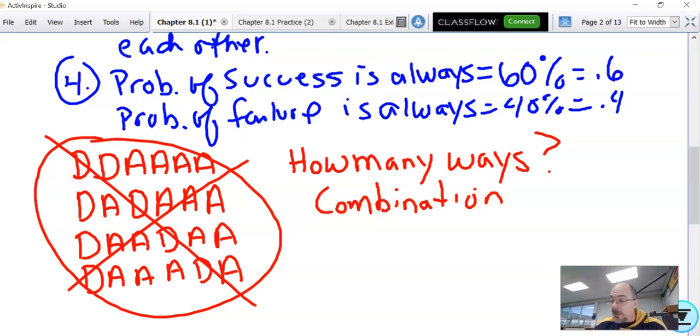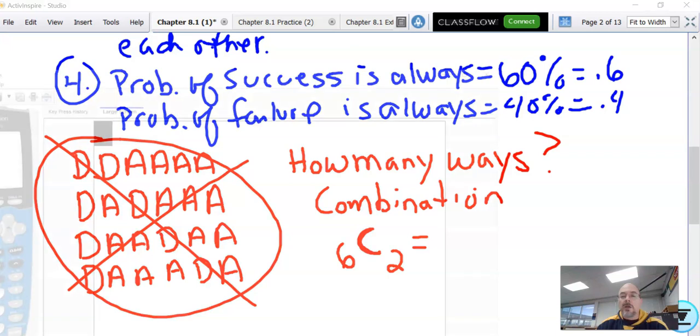Now, if you remember, C stands for combination. There are 6 customers, and 2 of them are going to buy digital. That's going to tell us how many ways this can occur.